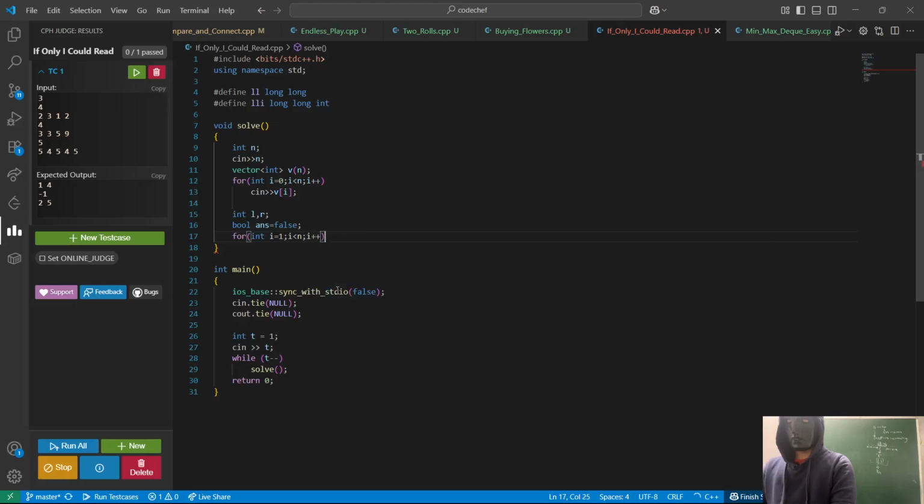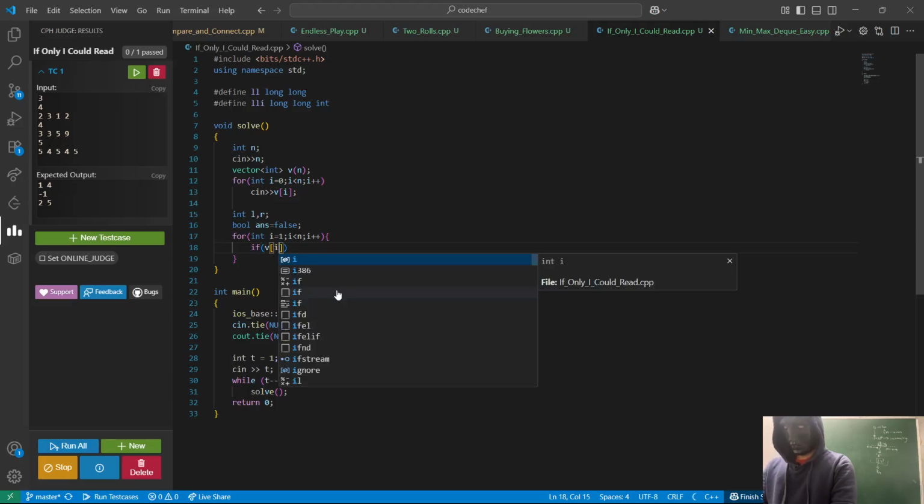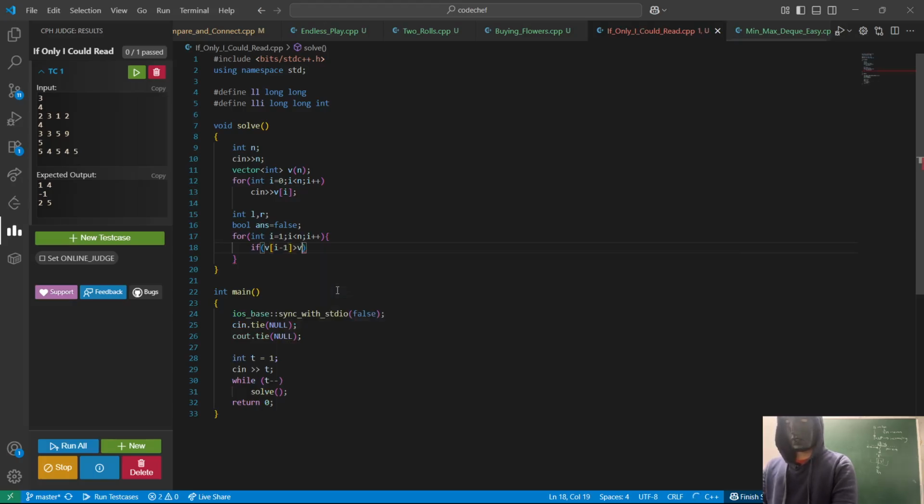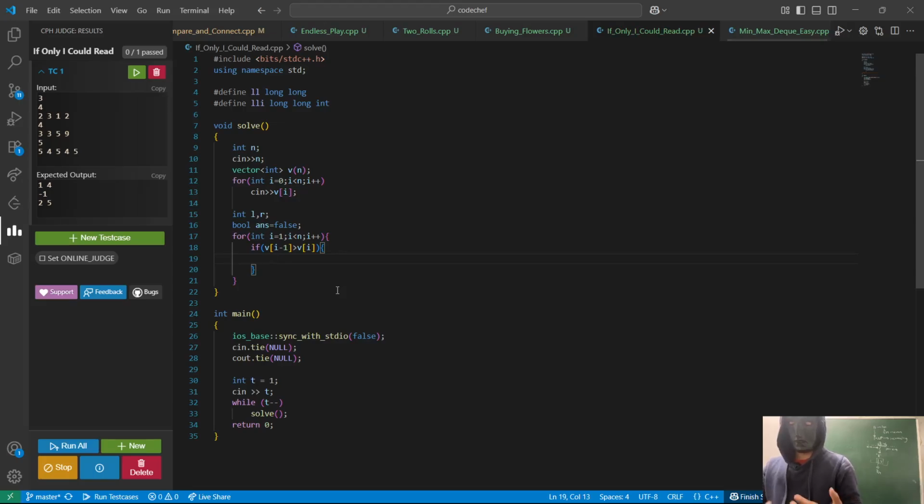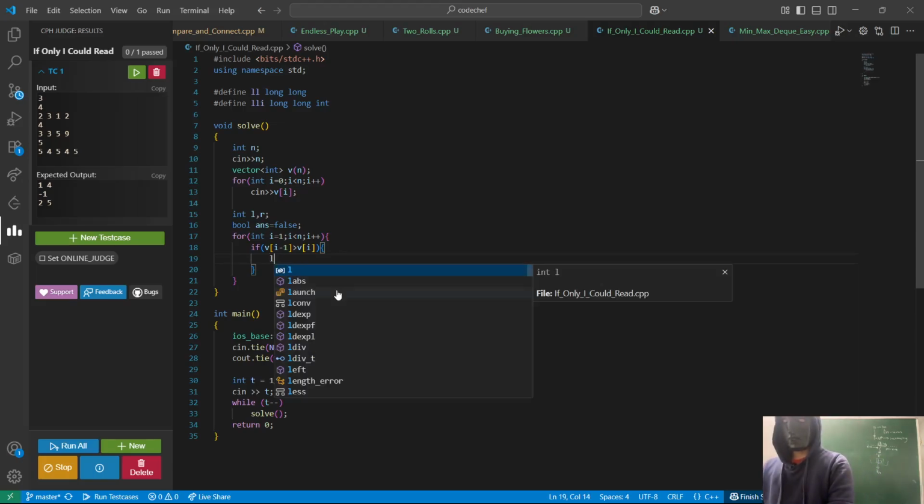when we are running through a loop, we will be checking if v of i-1, which means the previous element, is greater than the current element. In that case we have the answer. As I showed on the board, whenever you have 2 elements and the leftmost element is greater, then you have the answer.